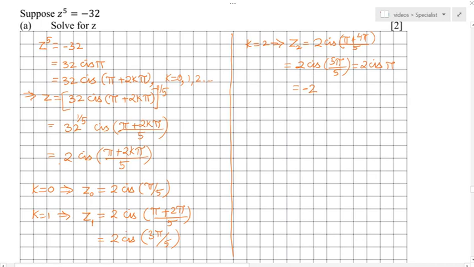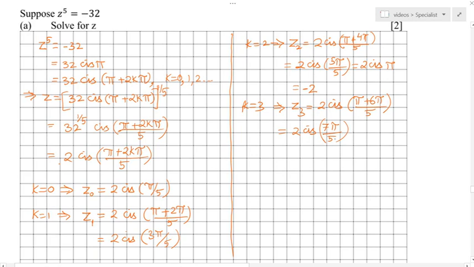So we got k equals 0, 1, 2, then k equals 3, which will give me z3 equal to 2 cis of (pi plus 6 pi) over 5, which gives me 2 cis 7 pi over 5. Now we need to remember that the domain of the argument is from minus pi to pi.